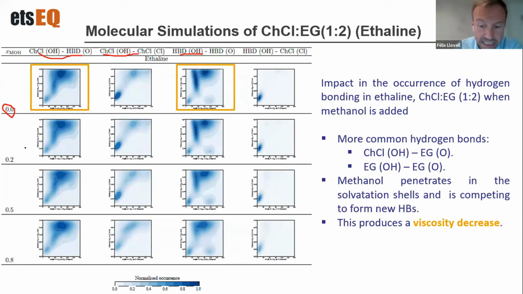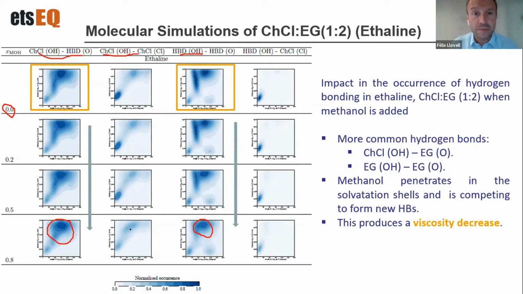When we are adding methanol in the system, as you can see here, you can observe how methanol penetrates in the solvation shell and is competing to form new hydrogen bonds. This can be clearly seen in this image and this image, where the blue colored areas are less intense, because this hydrogen bonding is prevented by the addition of methanol.